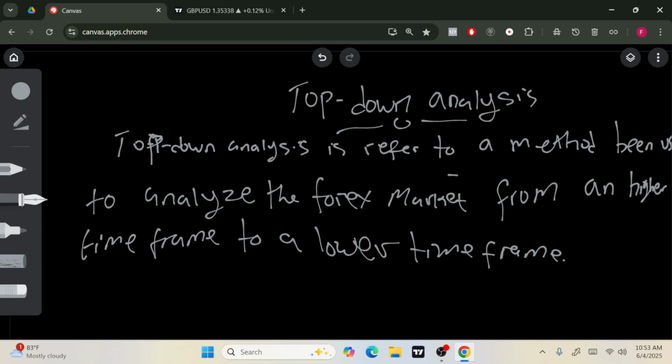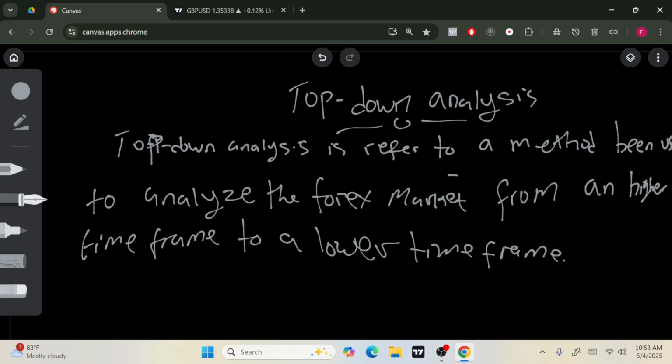So you are looking at your top-down analysis from a higher time frame to a lower time frame, in such a way that you look at your monthly time frame and check what is happening monthly. You check your weekly time frame and know what is happening weekly, so that you can have full information of what is going on in the market from top to bottom.